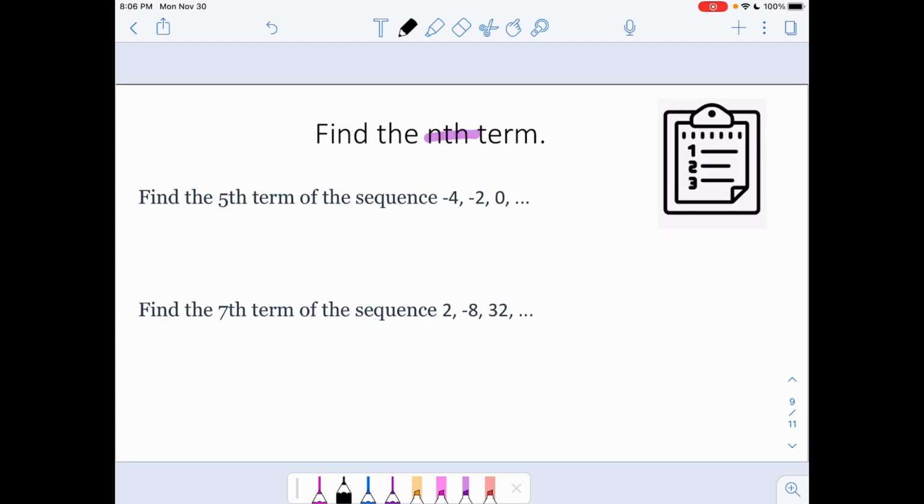Now let's try finding the nth term. Nth term simply means any term. So if we look at problem 1, we're being asked to find the fifth term of the sequence. That's simple enough. I'm already given the first, second, and third term, so it shouldn't be too hard to find the fifth term.